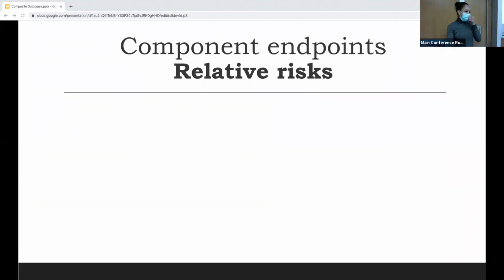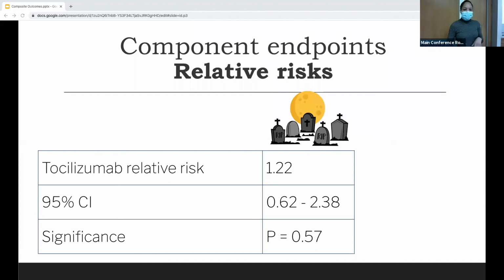So finally, what are the relative risks of the component endpoints, mechanical ventilation and death? Well, if you look at tocilizumab, and this data is from the supplement, you see that the relative risk of death for tocilizumab is 1.22. So technically a 22% increase in relative risk.